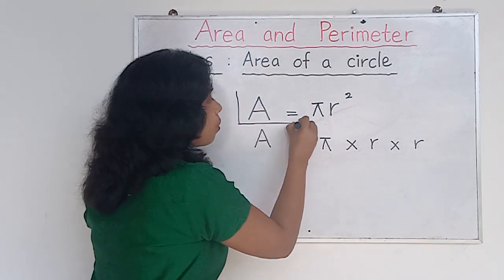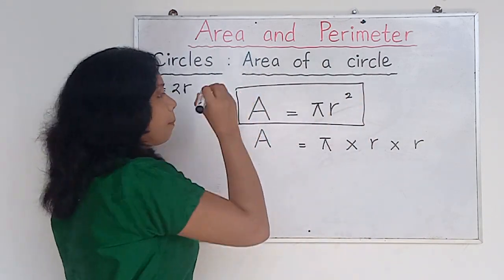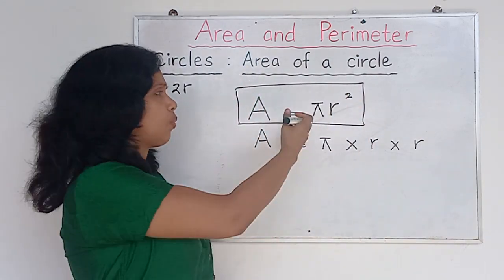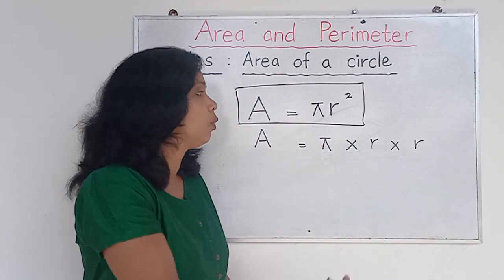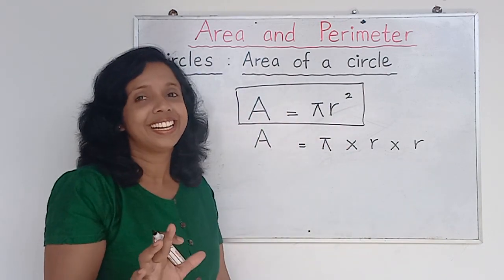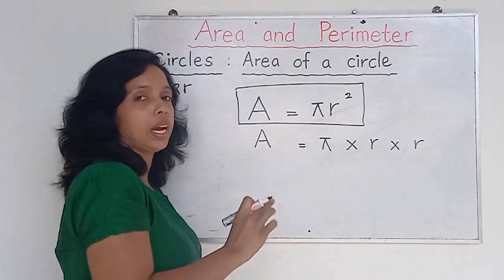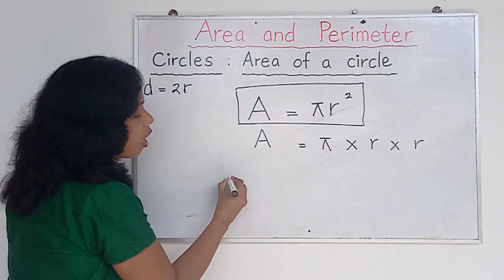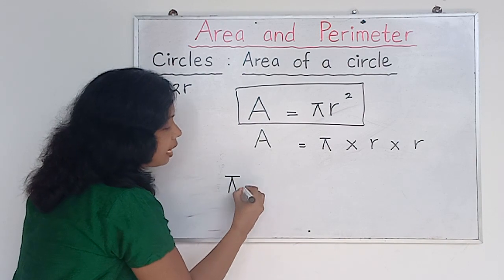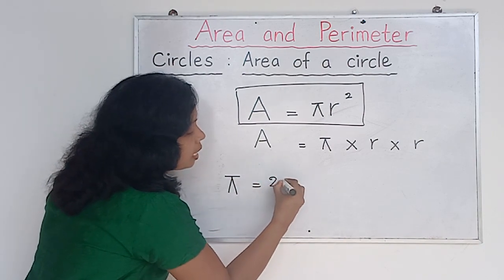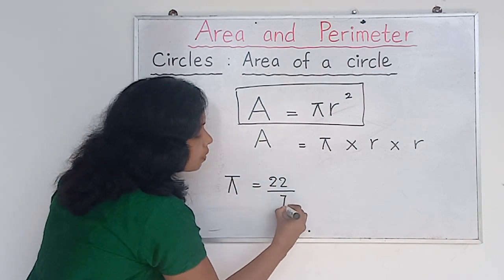Or πr squared. Then you may think, what is this π? We have not seen it. Now you know r is the radius, and A is the area. But what is this π? Mathematicians have found the value of π is 22 over 7.